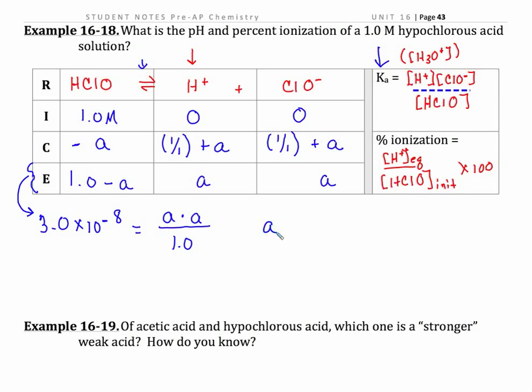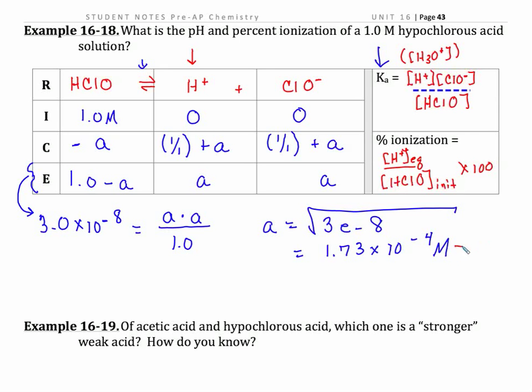Now, if I do my algebra, I do have to take the square root. A would equal then the square root of 3 times 10 to the minus 8th, and A is equal to 1.73 times 10 to the minus 4th molar. Be careful. K doesn't have units, but your concentrations do, and you will lose points if you forget them.